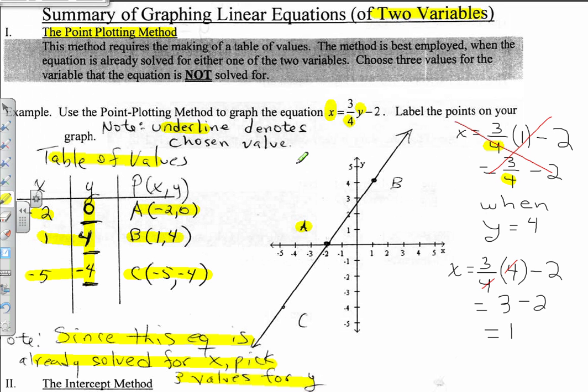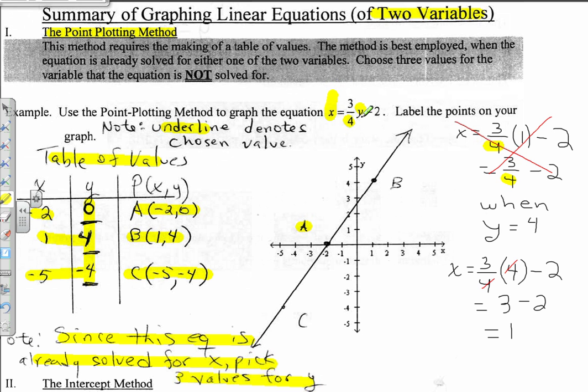So the whole thing behind this method is making sure that you pick real good values for either x or y. And why did I choose values for y? Because, like it says down here, this equation was already solved for x. If I would have picked the value for x, let's say, and put it in here, then I've got to solve this equation for y.